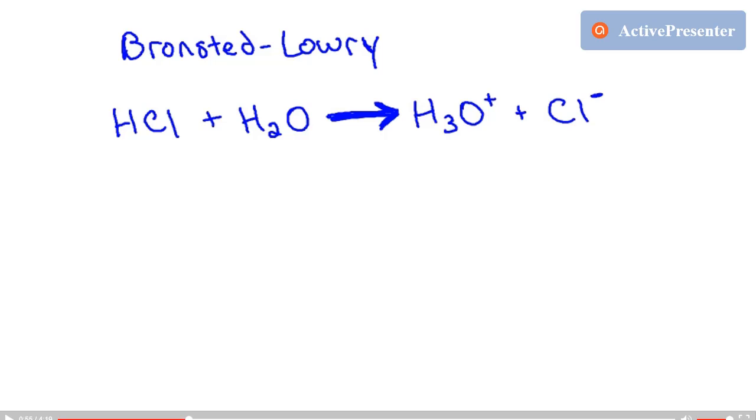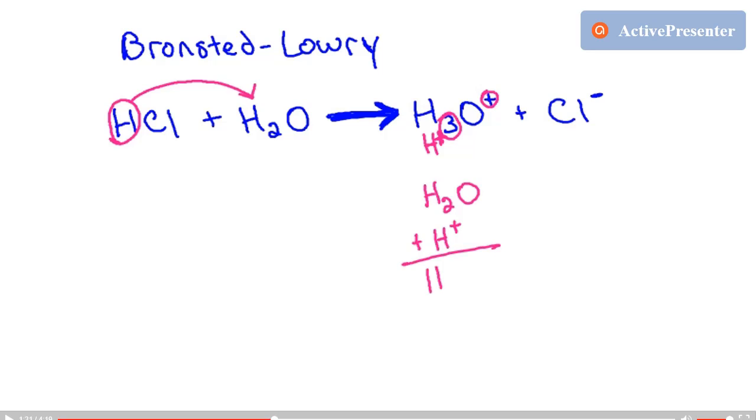If you notice where the H goes in the hydrochloric acid, this H joins with the water. So one of these H's out of the three, and this little positive sign, is part of this H3O. So this used to be H2O, and then we added an H plus and ended up getting an H3O plus.